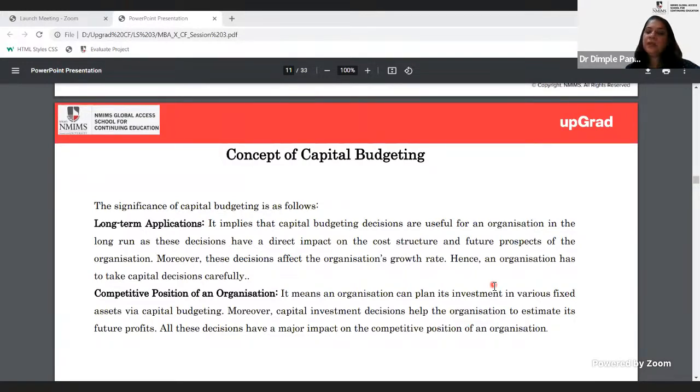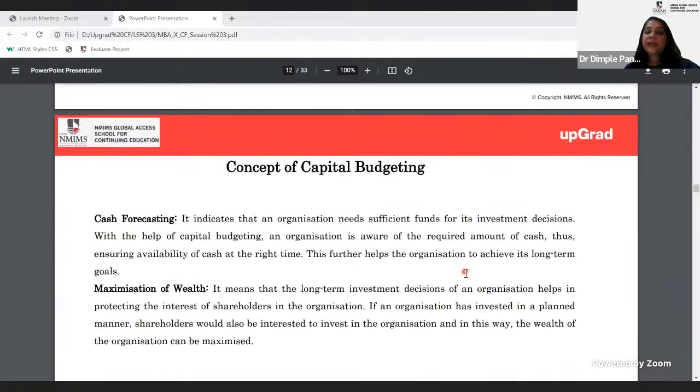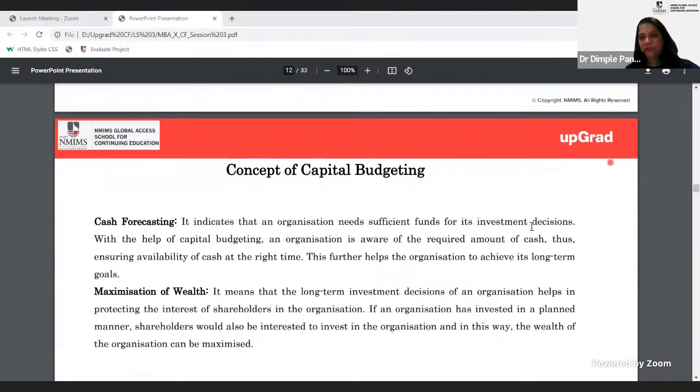Cash forecasting. When you, as a company, as a corporate finance manager, are planning to make investment in a project, you're looking at the wealth maximization. Do you also look at what could be the probable cash generation from this project? Is it important to know what could be the probable cash generation from this project?